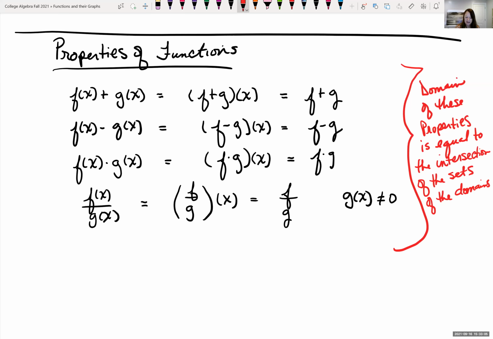The only thing that we have to be careful of is with that last property, that g of x also cannot equal 0.